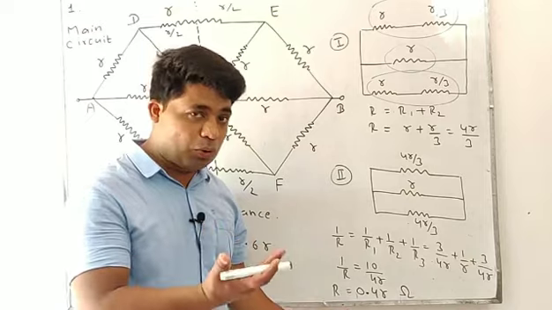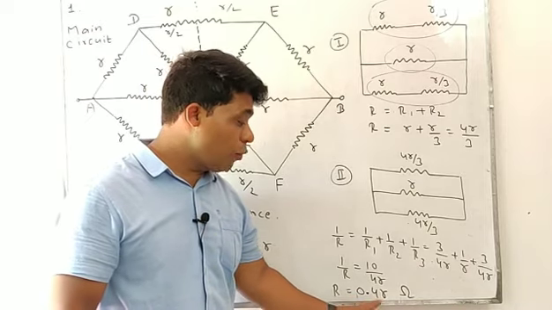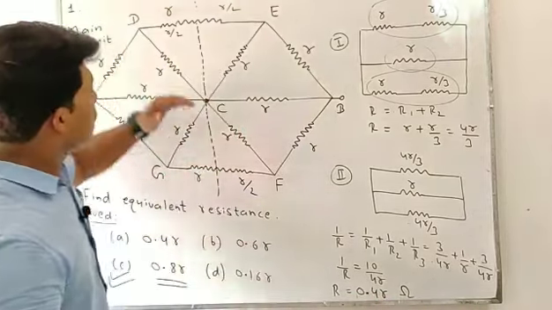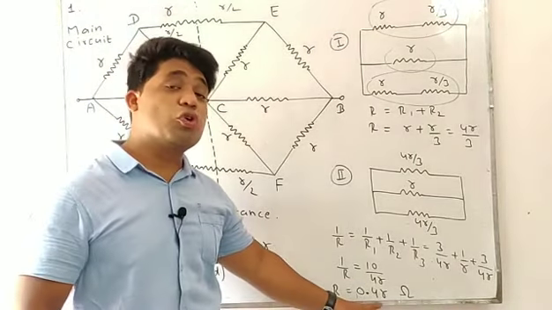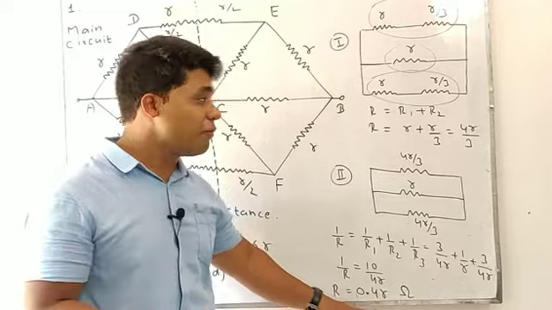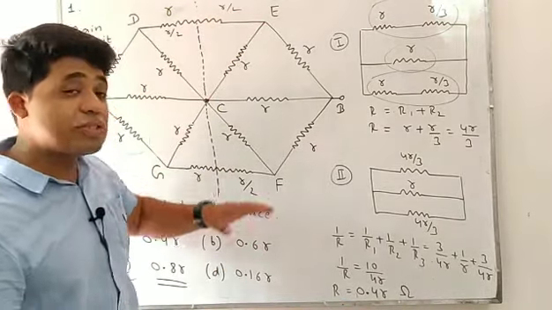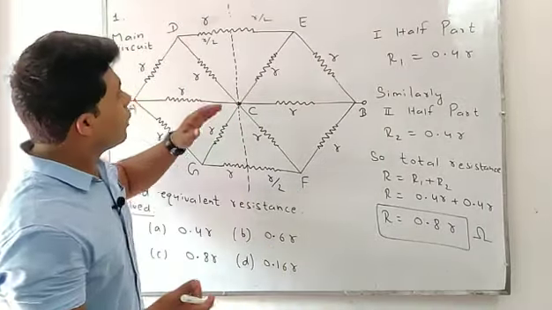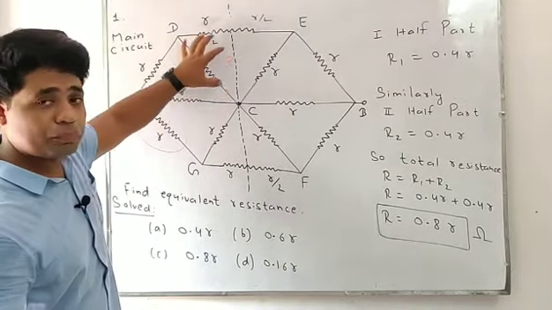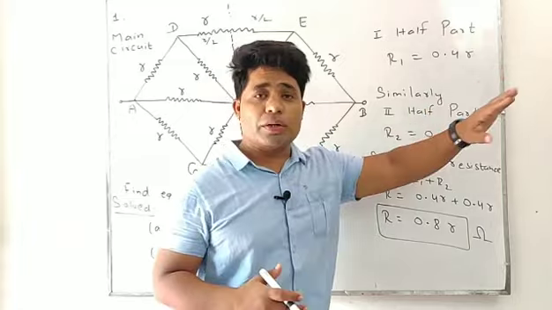On taking the reciprocal on both sides, we get 0.4R ohm. It means the resistance of this half portion is 0.4R. Similarly, we can find this half portion as 0.4R.